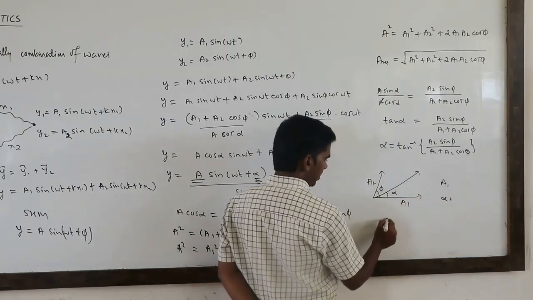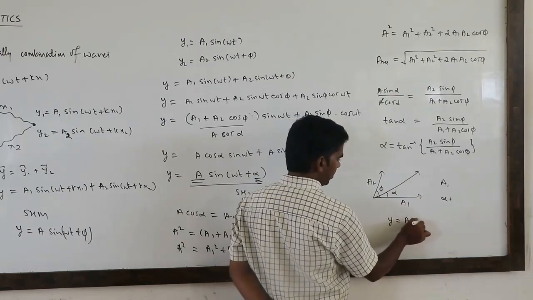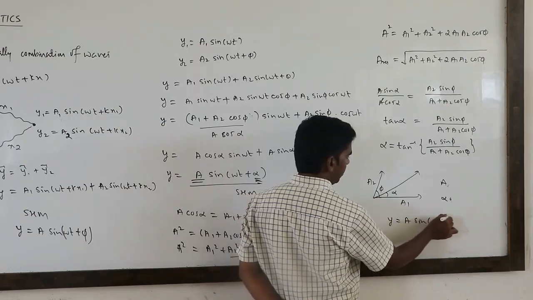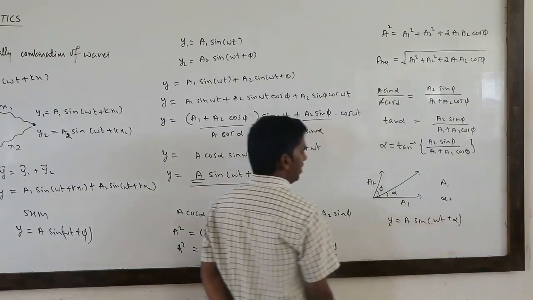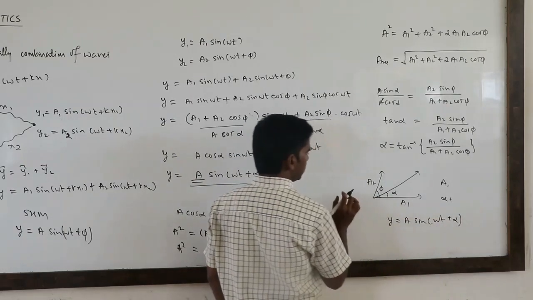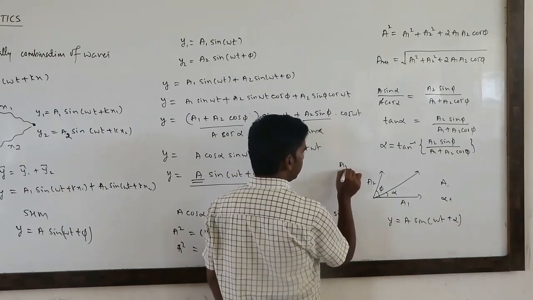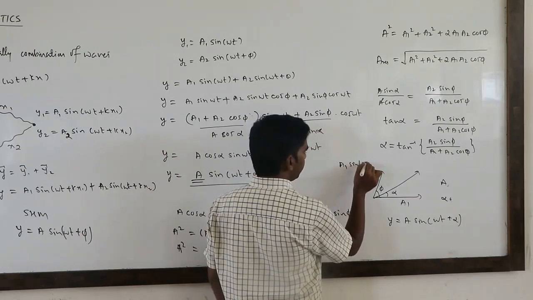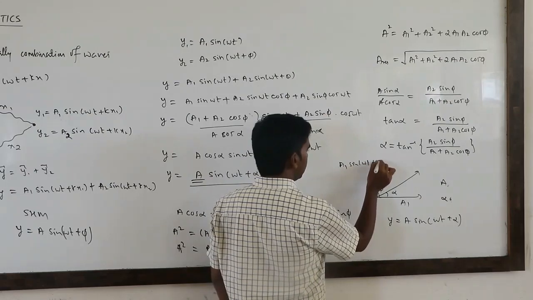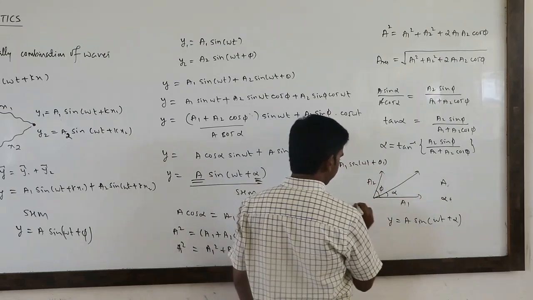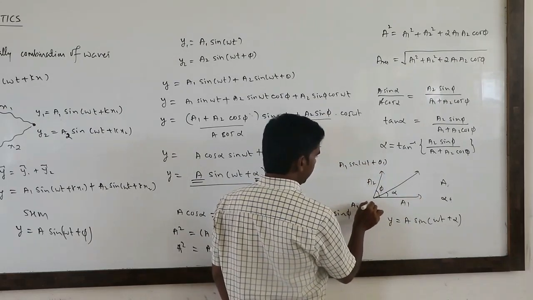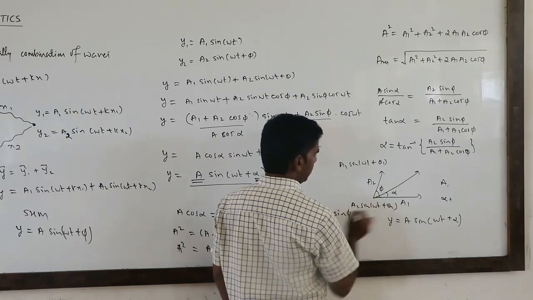So finally, you can write it as A sin(omega t plus alpha). When two waves are given, suppose one is A1 sin(omega t plus theta 1) and the other is A2 sin(omega t plus theta 2).